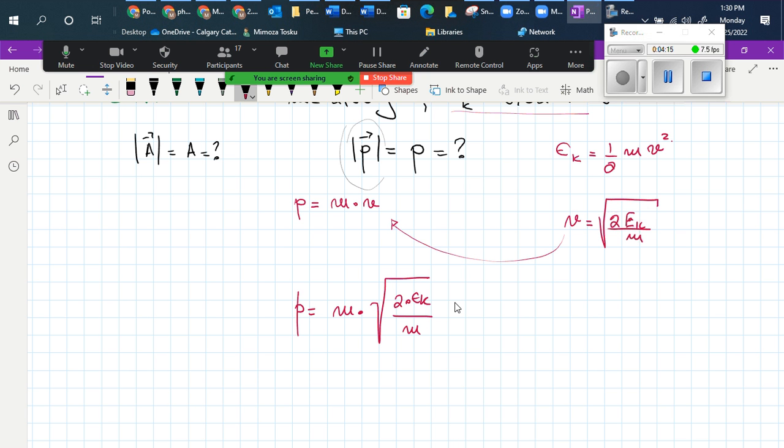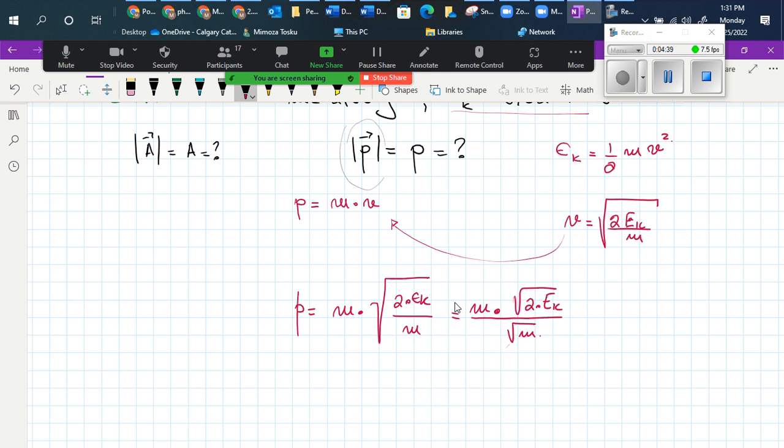And if you are very into math, you can say that either put the mass inside or take the mass out. So you can go mass times square root of 2 times kinetic energy over root mass is the same thing.